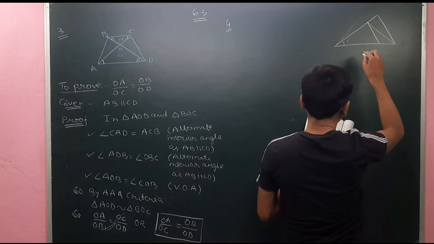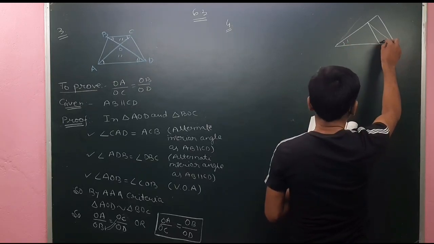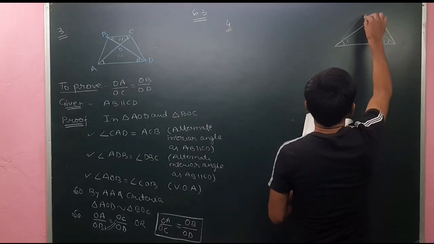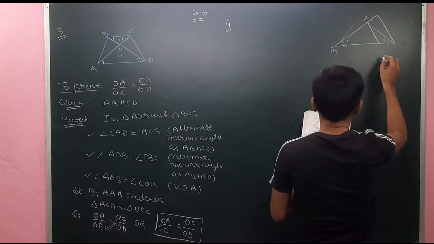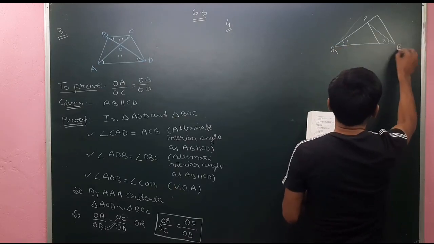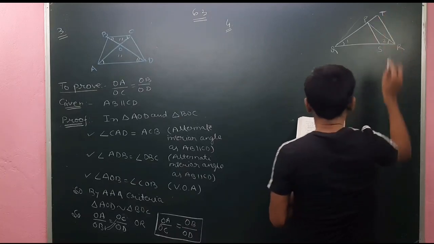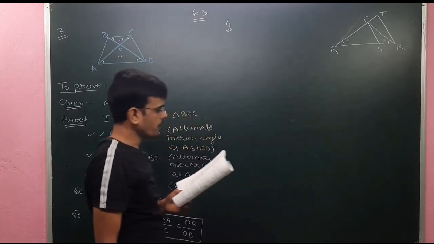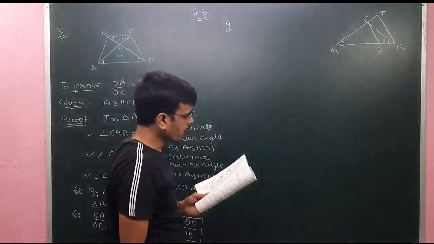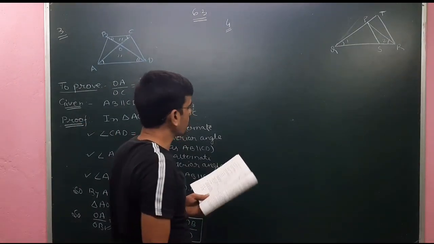This is angle 1 and this is angle 2. P, Q, R, S, T. In figure 6.36, QR upon QS is equal to QT upon PR.